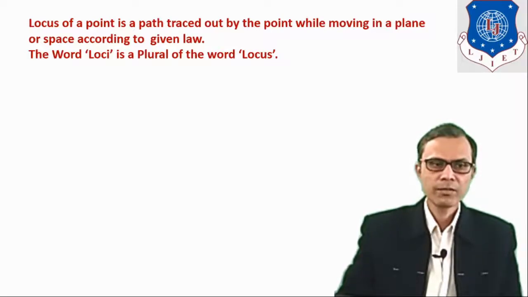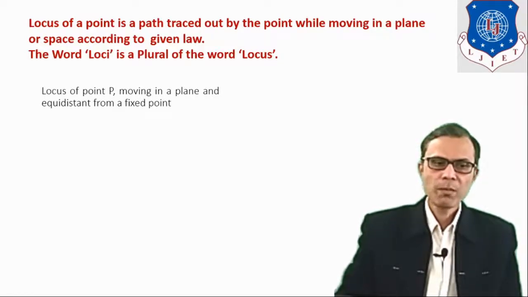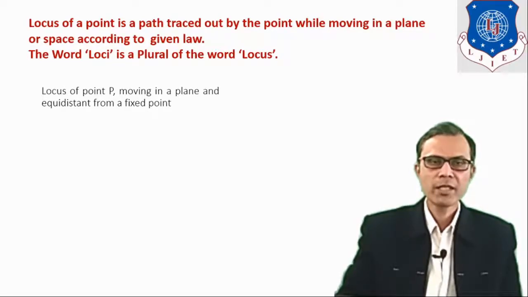For example, locus of point P moving in a plane and equidistant from a fixed point. So here one moving point P is given and the condition is that it is moving at an equal distance from a fixed point.